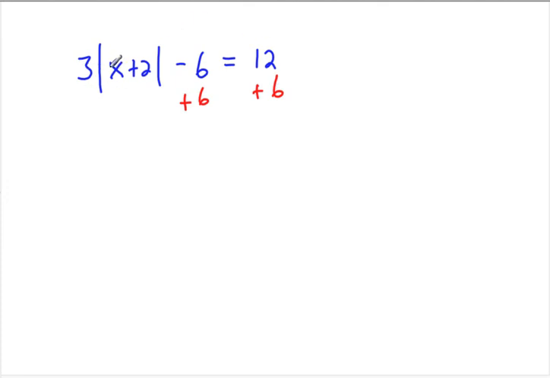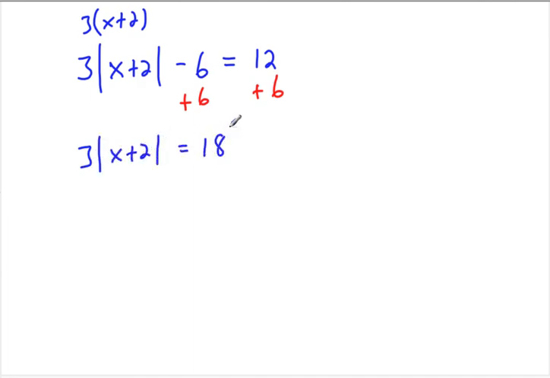The 3 can't be combined yet because, similar to a 3 being outside of parentheses, this 3 outside of absolute value means the same thing. It means it'll have to be distributed eventually. But I'm going to show you another way around that, because it would be hard to distribute into something that you don't know if it's positive or negative.